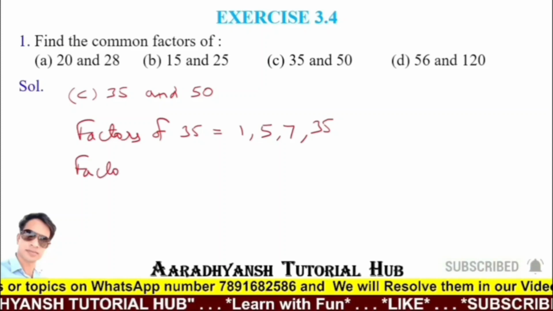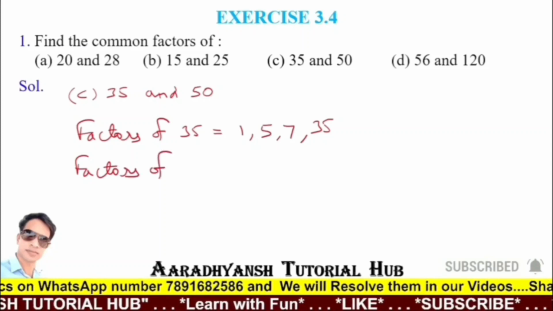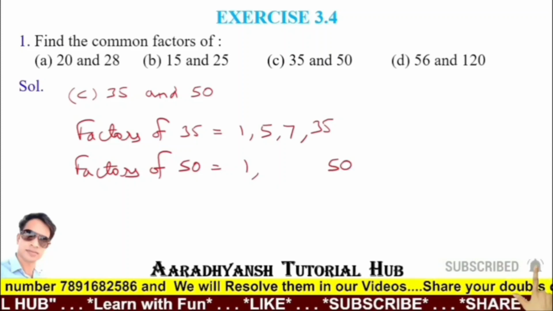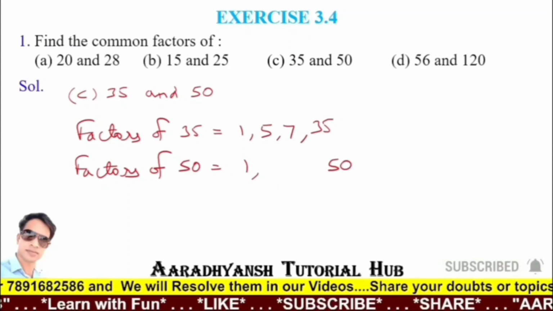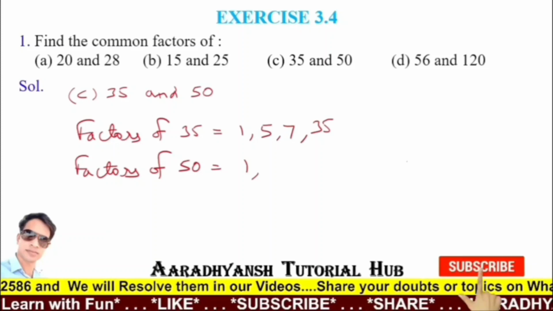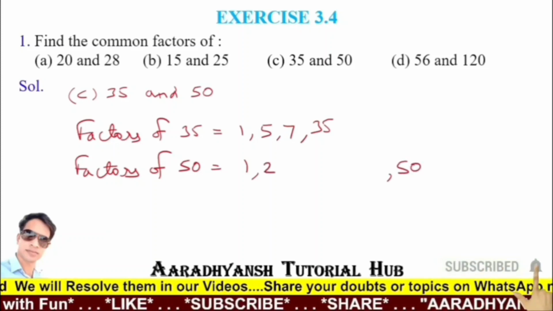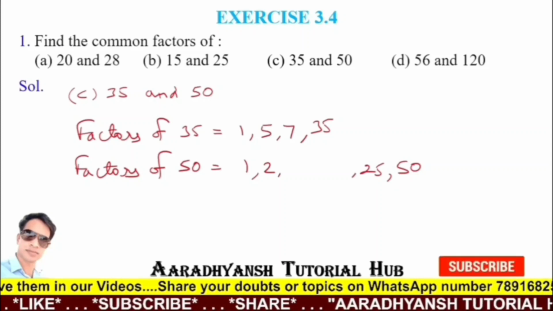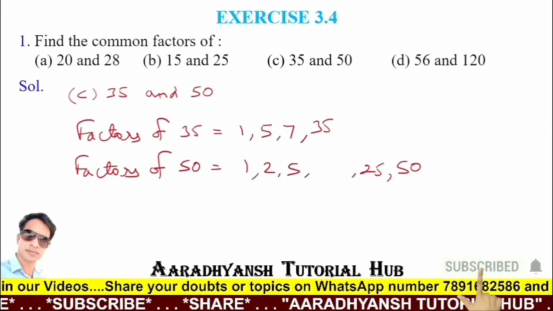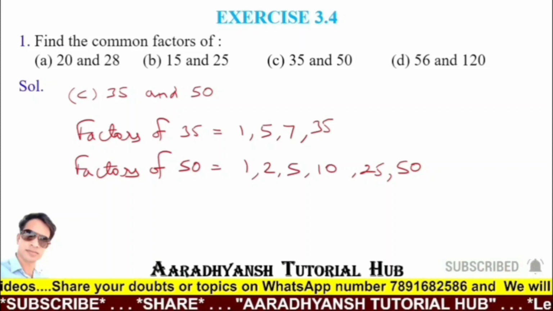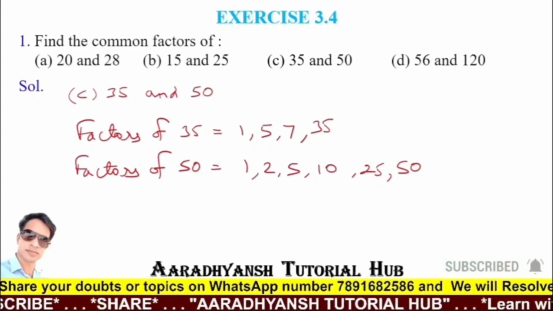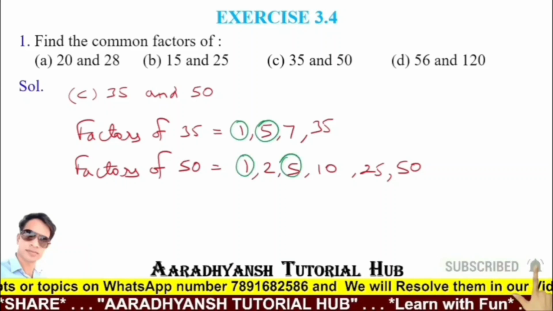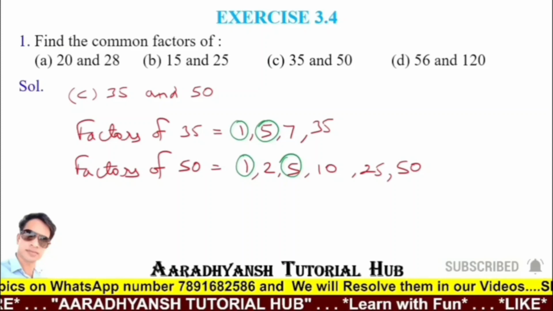Now factors of 50, 1 and 50, and 2 and 25. Okay. Next will be 5 and 10. These are factors of 50, and the common factors will be 1, 5. Only 2 factors are common, 1 and 5.